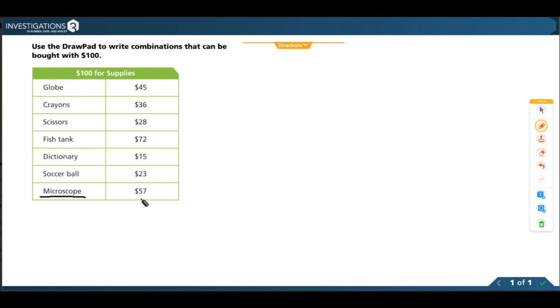I see the microscope is more than $50, so I have to find 2 things that cost less than $50 together. So if the microscope costs more than $50, that means I need to get either the soccer ball, the dictionary, or the scissors because it's less than $50. So what I'm doing is paying attention to the different ways that I can make combinations of things that I can buy with $100.